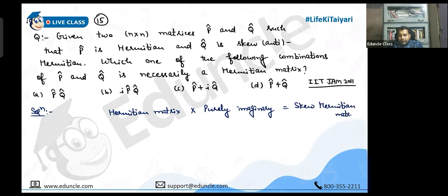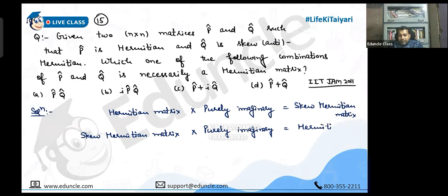And if you multiply a skew Hermitian matrix with a purely imaginary number, then we will end up getting a Hermitian matrix. So P is already Hermitian. Q was skew Hermitian, so by multiplying Q by iota, we can get it to be Hermitian, and we know that the sum of two Hermitian matrices is Hermitian. Is it clear or not?